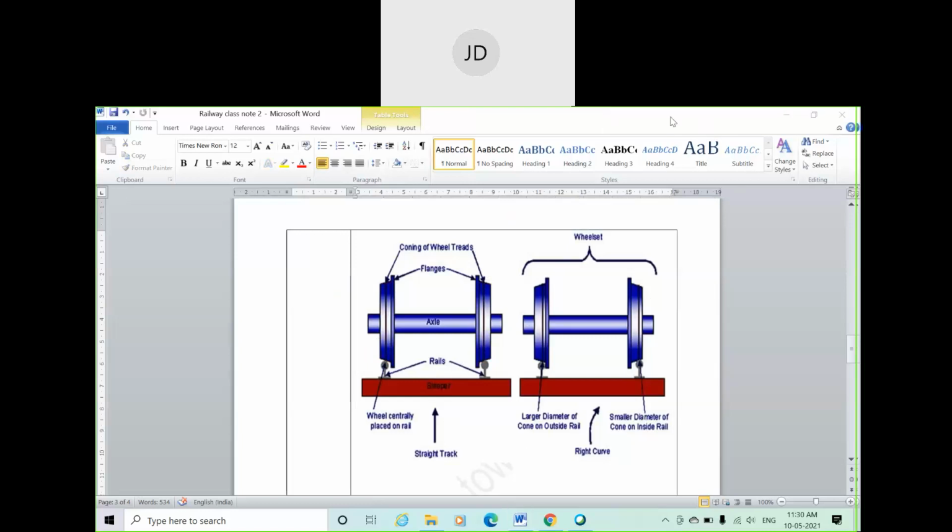I'll show you. Suppose this is a curve. Wait, let me draw clearly. I'll take a different track.